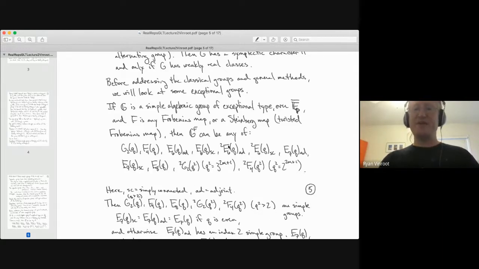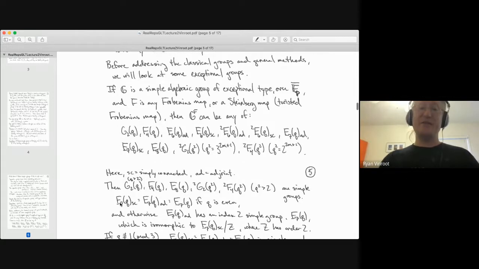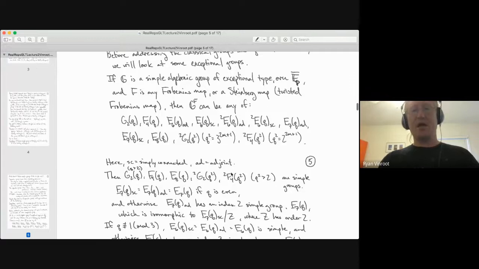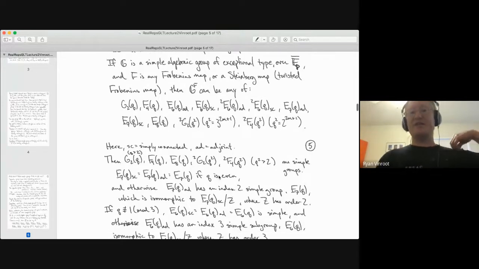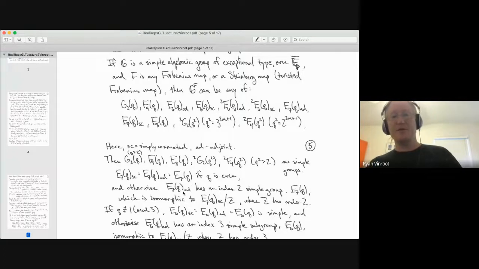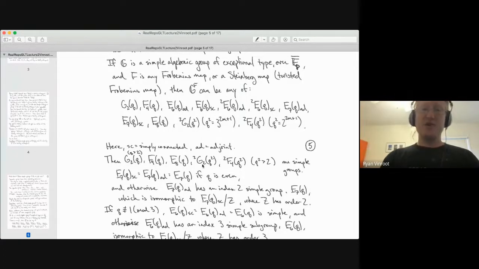And for E7, if q is even, then all of these groups turn out to be the same. Otherwise, here is the difference between the adjoint type and simply connected type. If q is odd, then the adjoint type group has an index 2 simple group, E7(q).